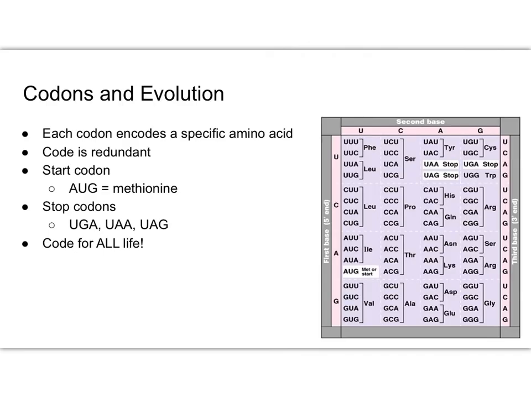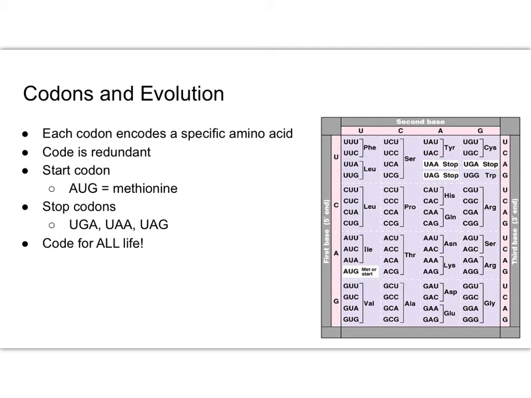Those codons are going to be used to code for the specific amino acids. And if you remember this from your freshman year, we use our codon chart to determine which amino acid they are coding for. The coding itself is considered redundant. By redundant, we mean that we have multiple codons for every amino acid.